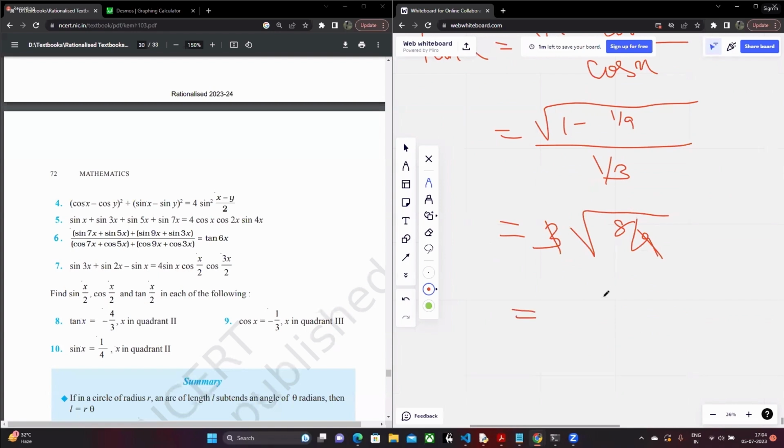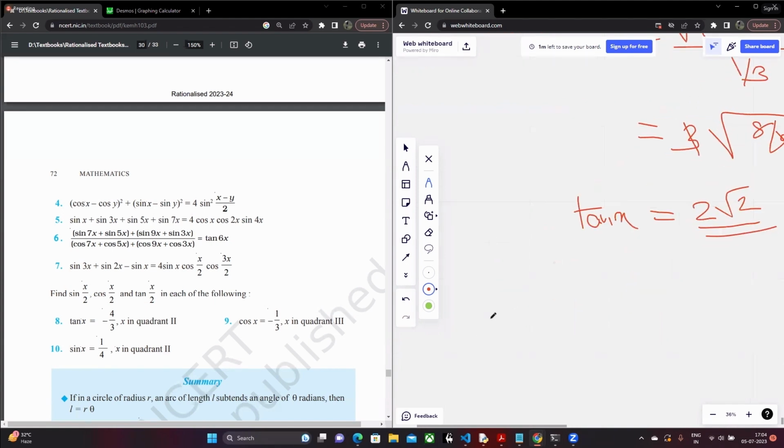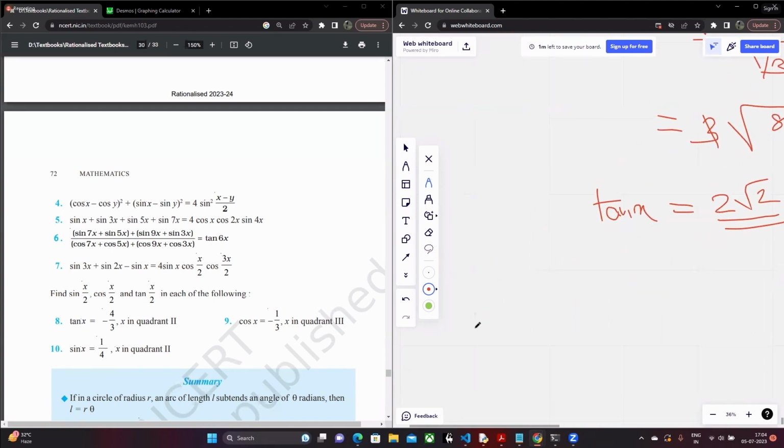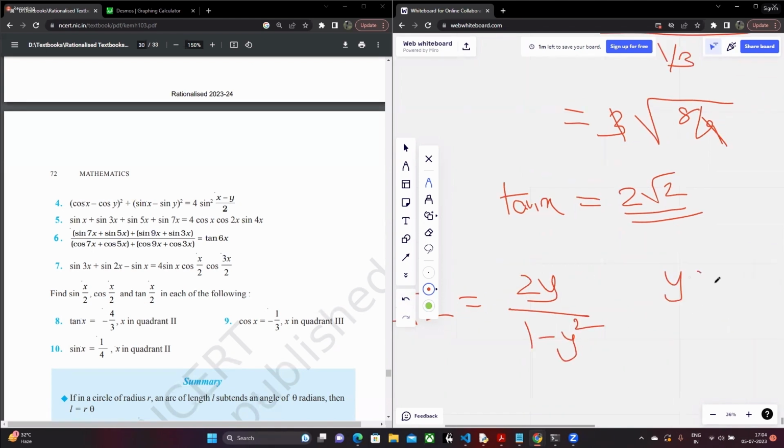So I'm left with 2 root 2 as tan x. Right? So I'll write the equation as 2 root 2 is equal to, wait a minute, this is going to be 2y divided by 1 minus y square, where y is equal to tan of x by 2.